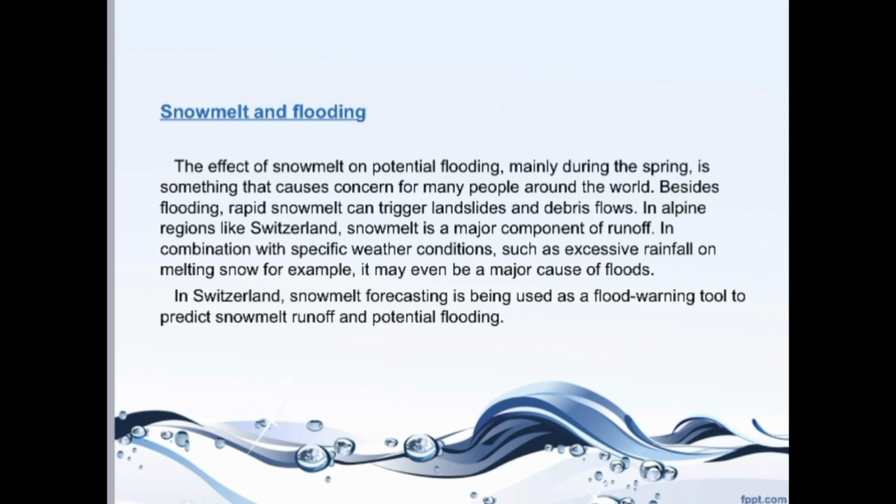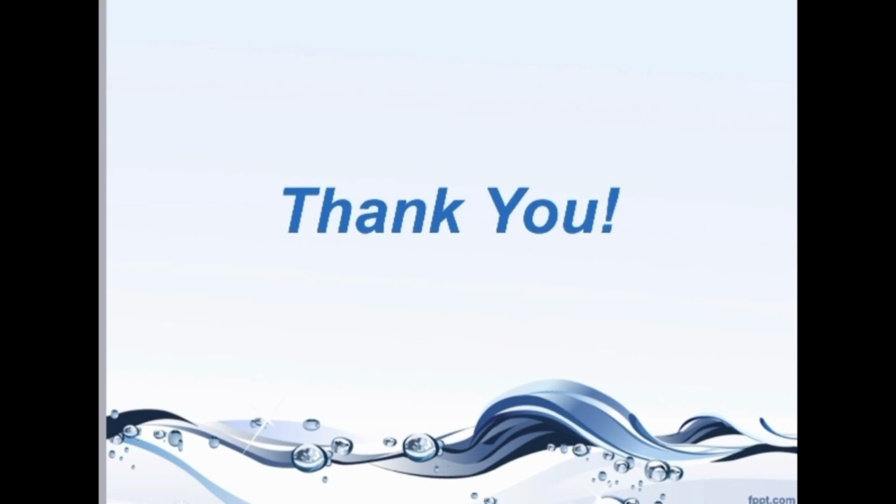So snowmelt is used to determine whether a flood is coming. It serves as a warning tool to predict snowmelt runoff and potential flooding in an area, like for example in Switzerland. So, that's all for our reporting. Thank you.